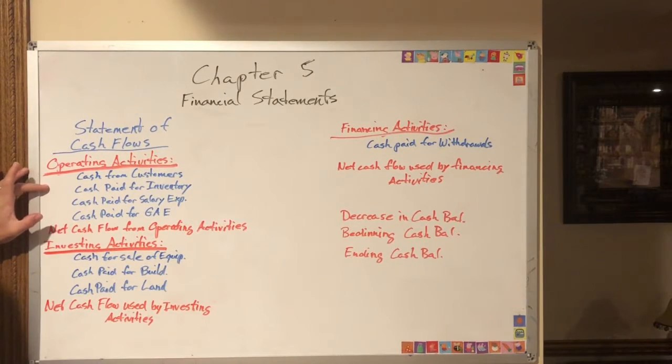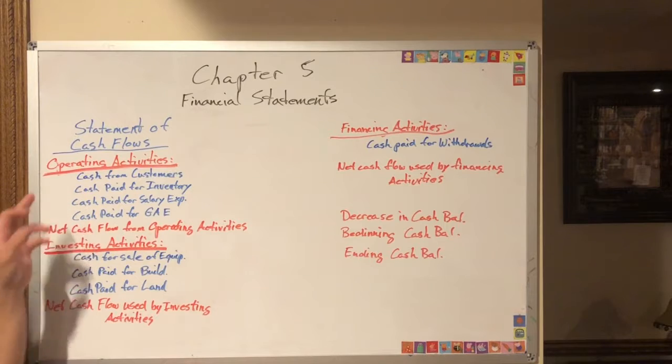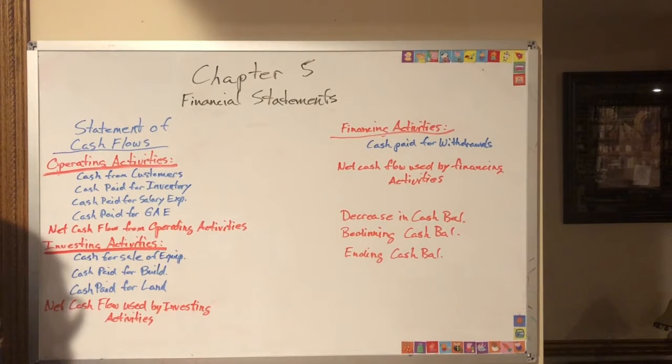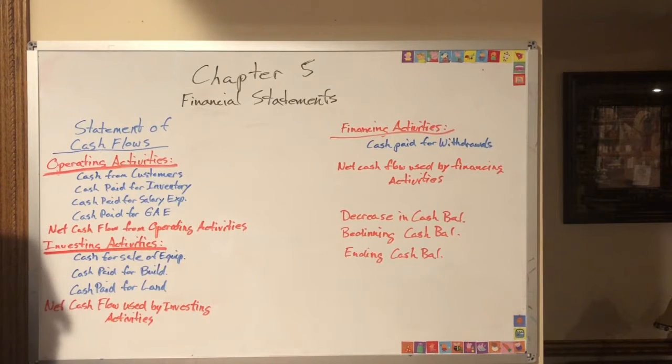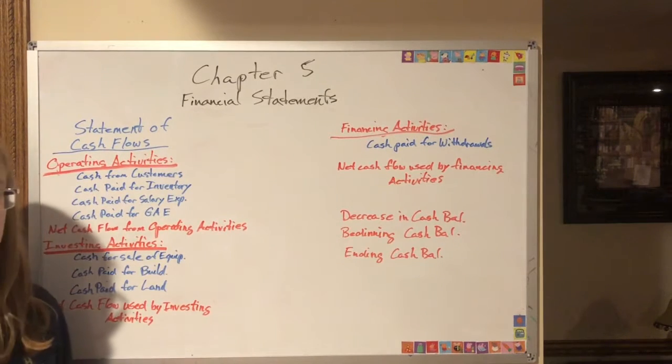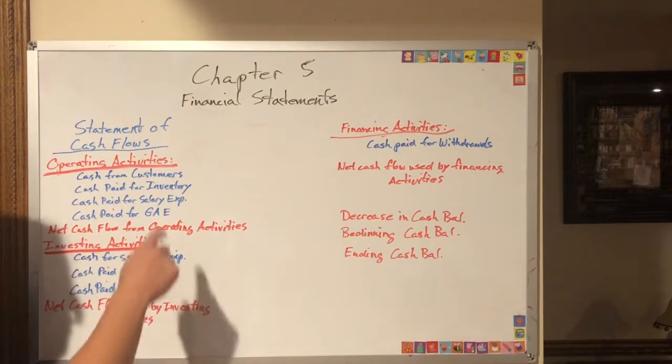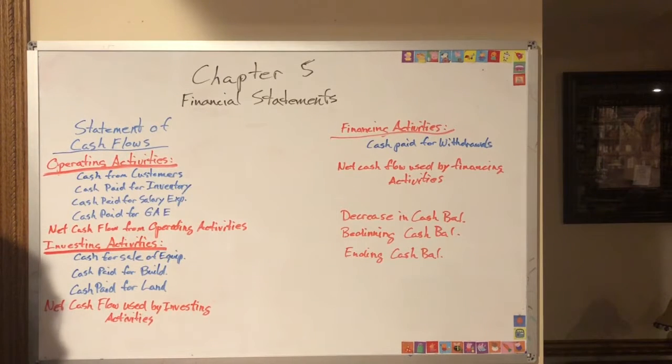So operating activities: anything that cash is used for in operation, anytime a transaction happens, would be recorded in the cash flow statement. The cash coming from customers would be recorded on the statement.